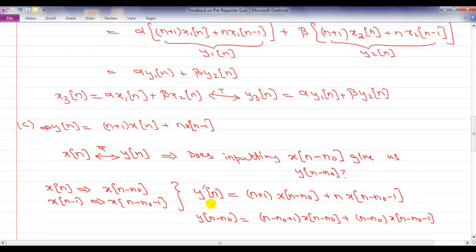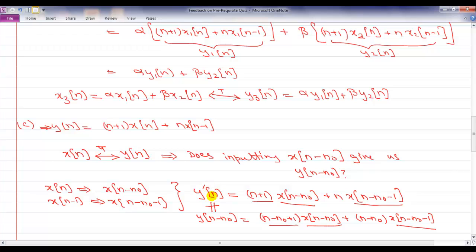Now if we compare the two, we see that they are not equal. Although both have x of n minus n naught and x of n minus n naught minus 1, where they differ is that the coefficient next to x of n minus n naught is n plus 1 here, whereas it is n minus n naught plus 1 there. So if I shift the input, my output is not shifted by the same amount.